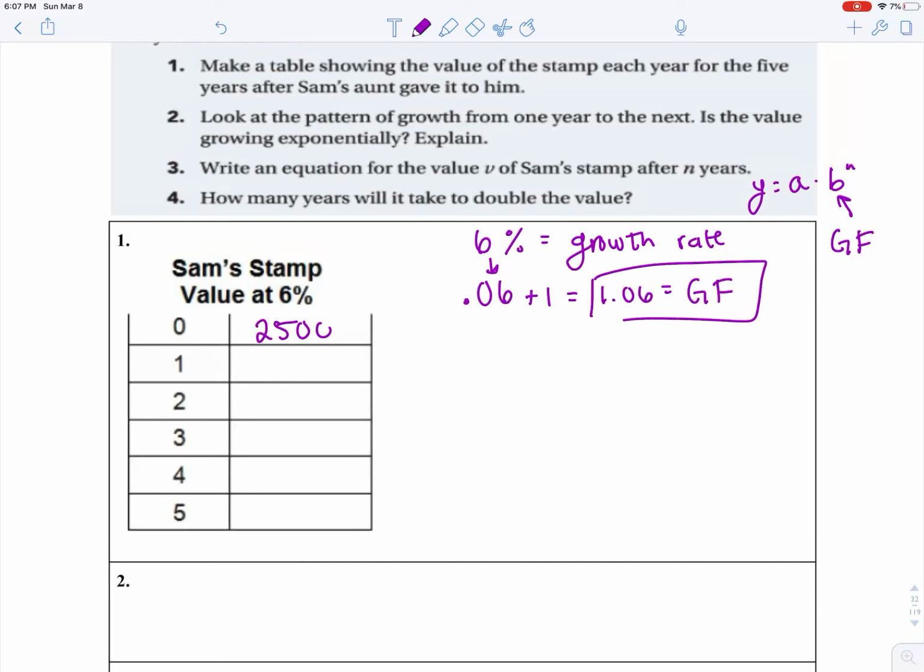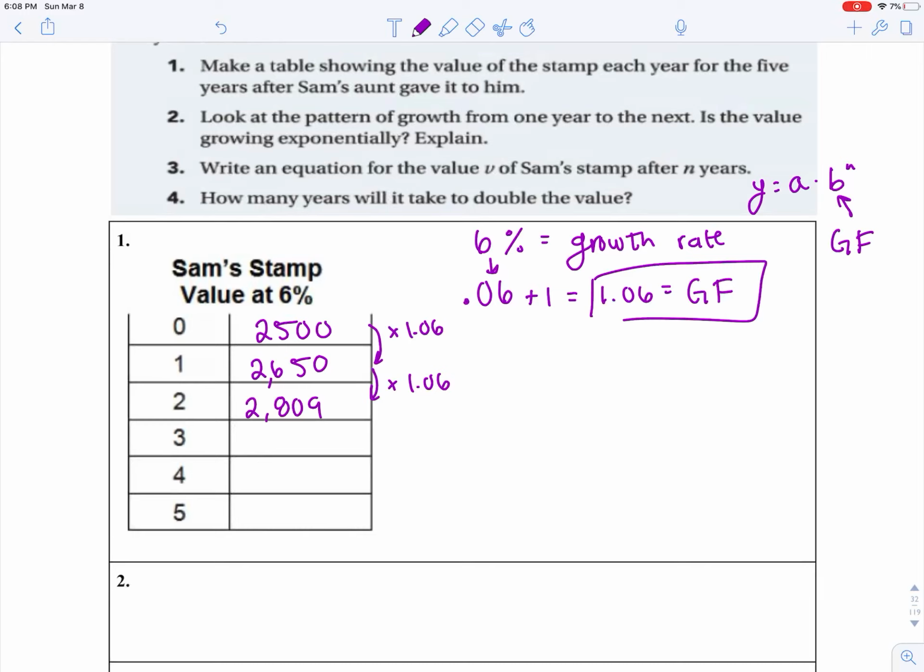So at year 0, our stamp is at 2,500. And we're going to use our growth factor to find our next value. So we're going to multiply that by 1.06, which gives me 2,650. I'm going to do the same thing. I'm going to keep multiplying by 1.06 because that is how much its value is increasing by.